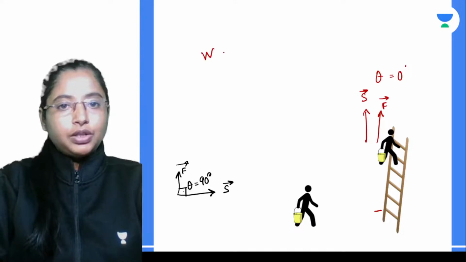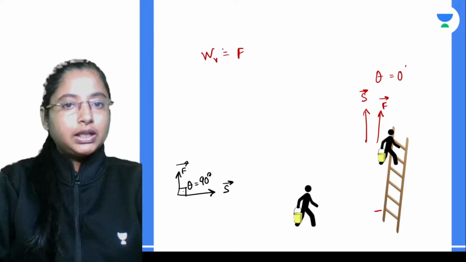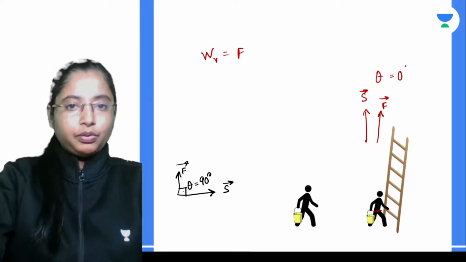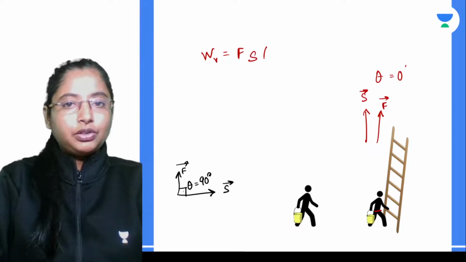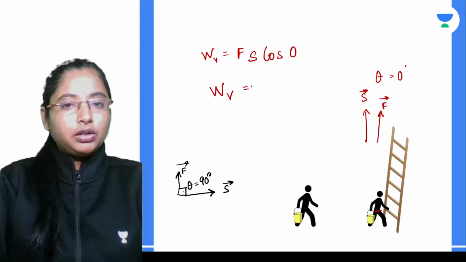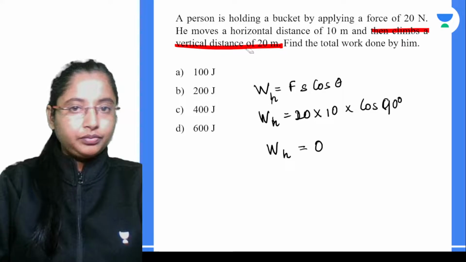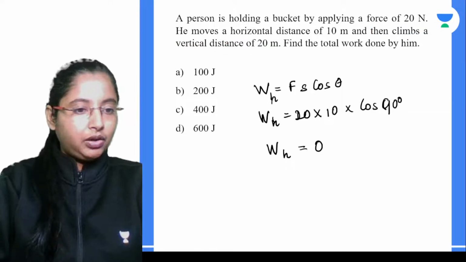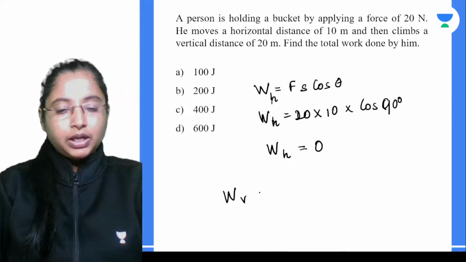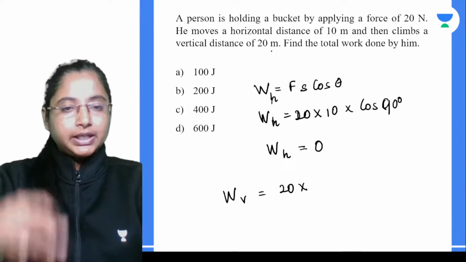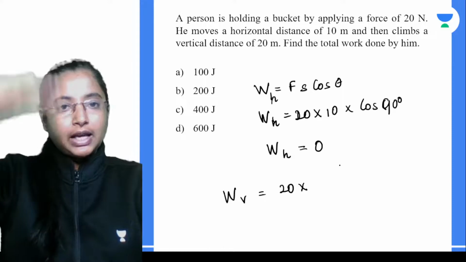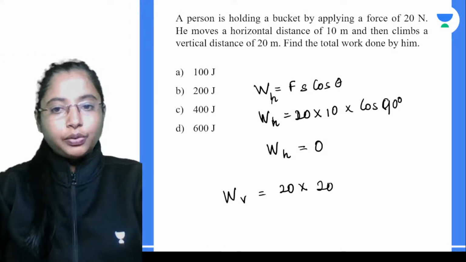So work done, if you see, what will happen? Work done along the vertical will be nothing but Fs into cos of 0. Cos of 0 is 1. So along the vertical direction, work done will be force into the displacement when he climbs a vertical distance of around 20 meters, into cos of 0 degrees.